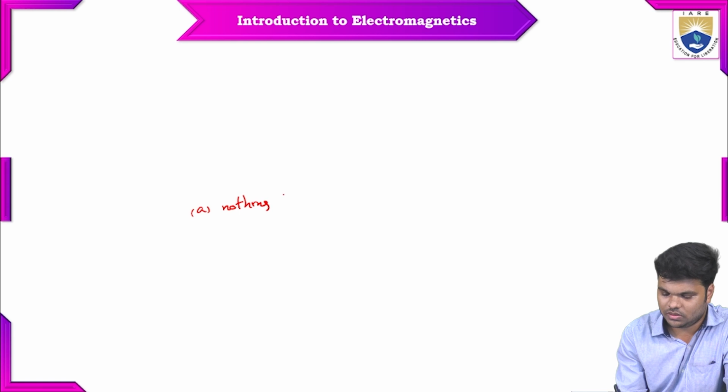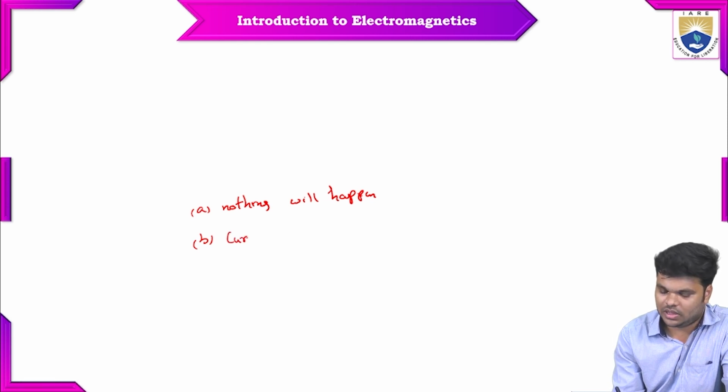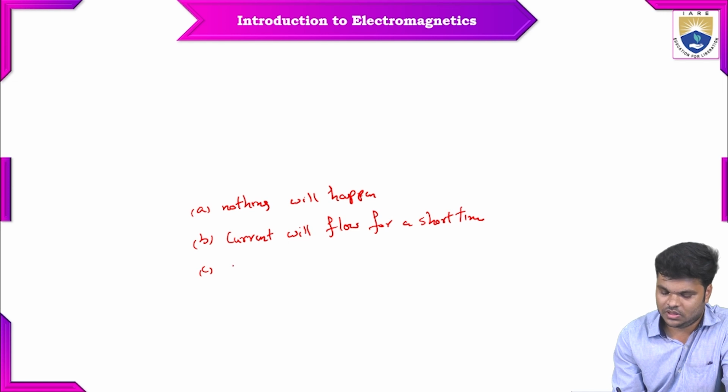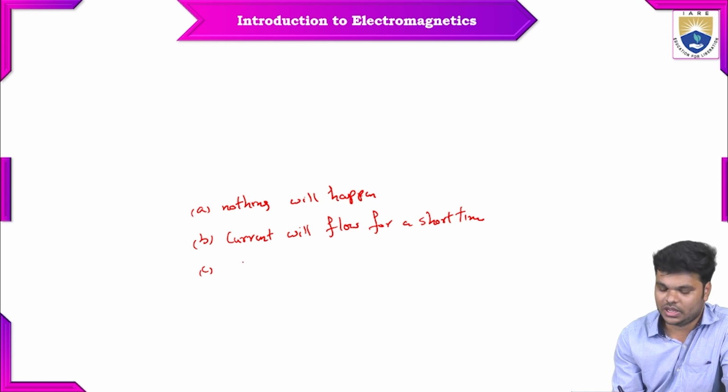The second answer would be, current will flow for a short time. The next one is, one may say that the question is not properly told because length and shape of the wire are not told properly.